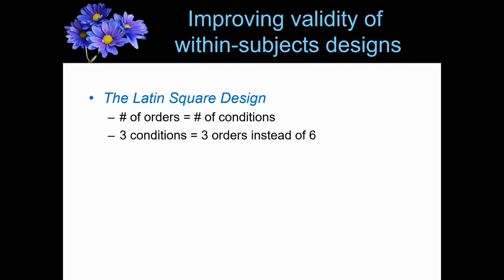So the more commonly used method is, again, the Latin square design. This is just going to mean that the number of orders is going to be equal to the number of conditions. So three conditions would give you three orders instead of six. So obviously for something with, say, four conditions, you're not going to end up with 24 different versions. You'll have only four versions.